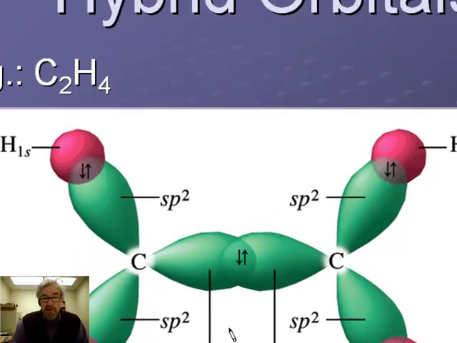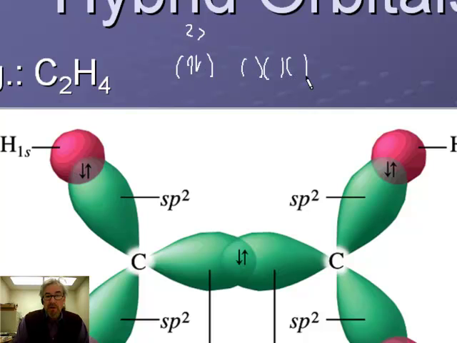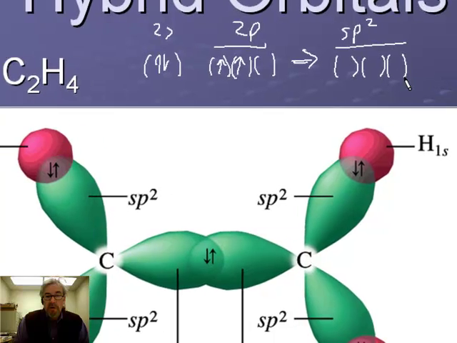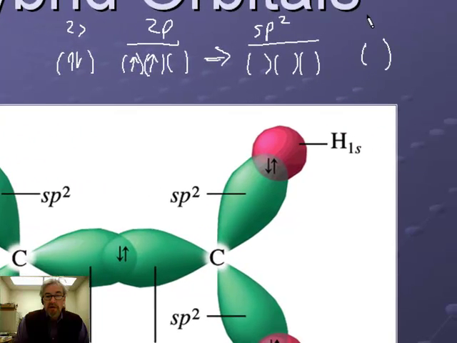So carbon starts out 2s, and then two electrons in 2p orbitals. After hybridization, we have sp2 orbitals, three of them at a lower energy level, and then one unhybridized 2p. And the electrons arrange themselves this way.